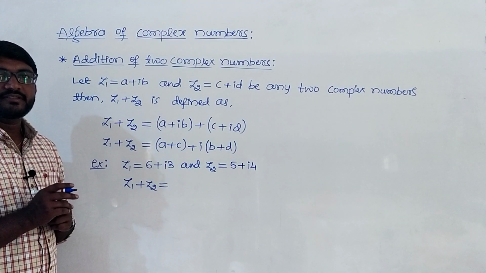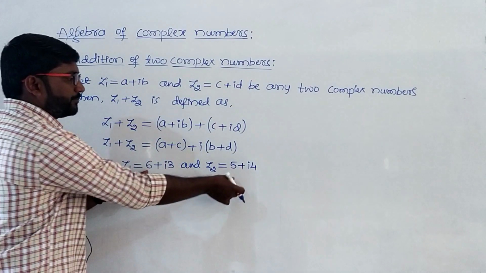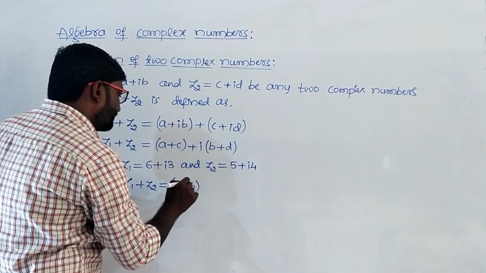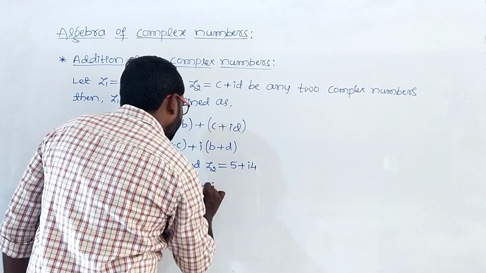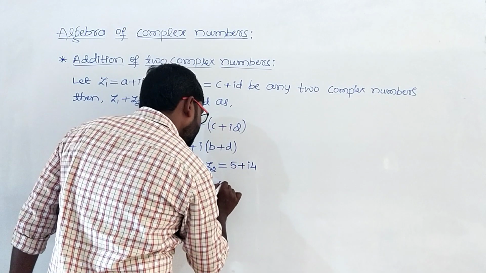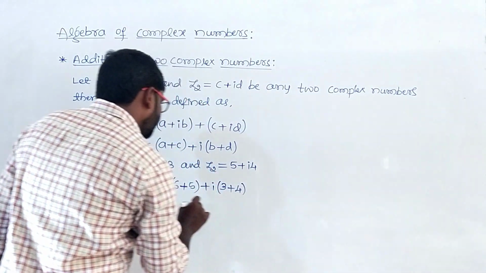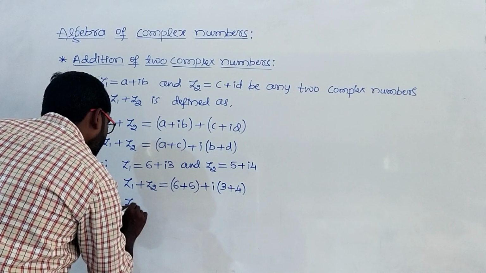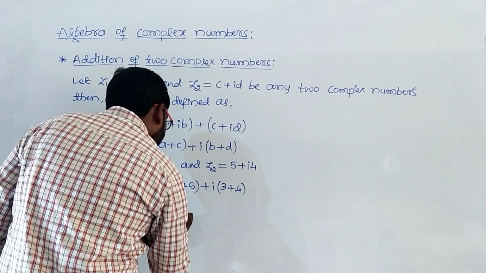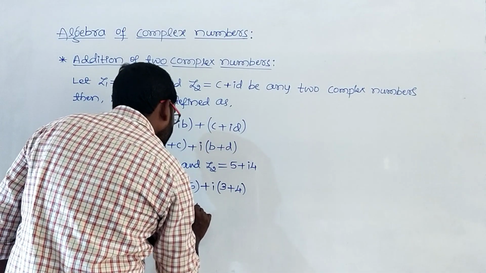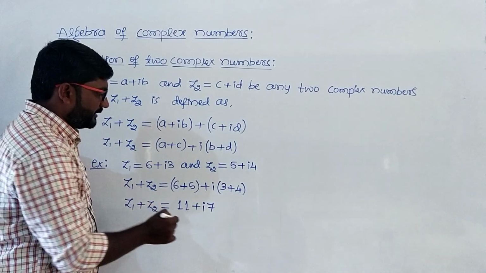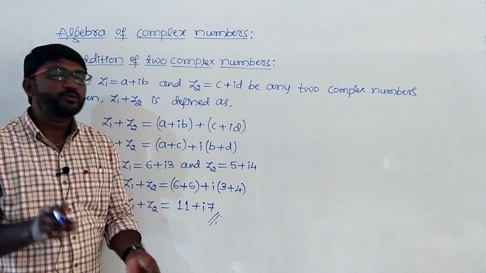So Z1 plus Z2 is A plus C, that is 6 plus 5, then plus i into B plus D, that is 3 plus 4. So Z1 plus Z2 equals 6 plus 5, which is 11, plus i written as it is, then 3 plus 4 will be 7. This is the sum of the two complex numbers.